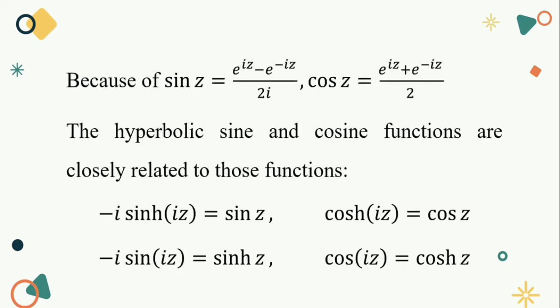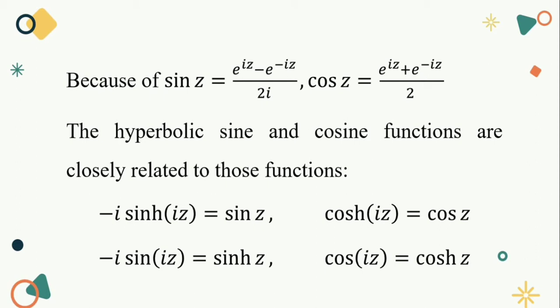Because sin z is equal to exp iz minus exp negative iz over 2i, and cos z is equal to exp iz plus exp negative iz over 2, the hyperbolic sine and cosine functions are closely related to those functions.